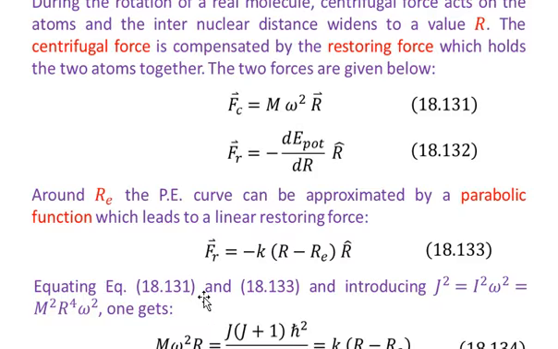Now equating equation number 131 and 133 and introducing the value J equal to I omega, or J square equal to I square omega square, and putting the value of I, it becomes J square equal to I square omega square equal to m square r to the fourth into omega square.